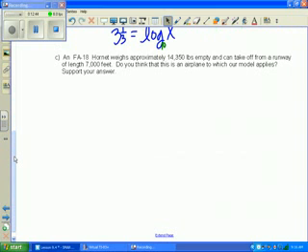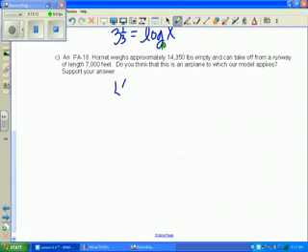The last thing here is a Hornet that weighs approximately 14,350 pounds, empty, and we know that it can take off from a runway length of 7,000 feet. So actually, based on the problem we just did, we could probably tell that this does not follow the same model as all those other ones. You think that this is an airplane to which our model applies.